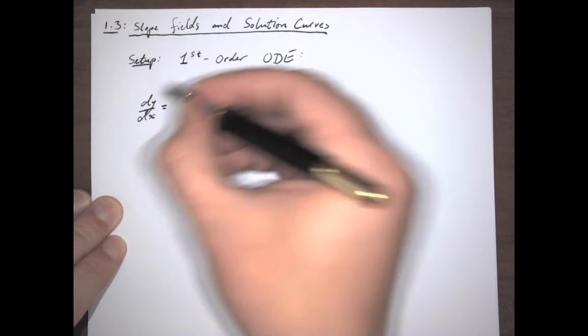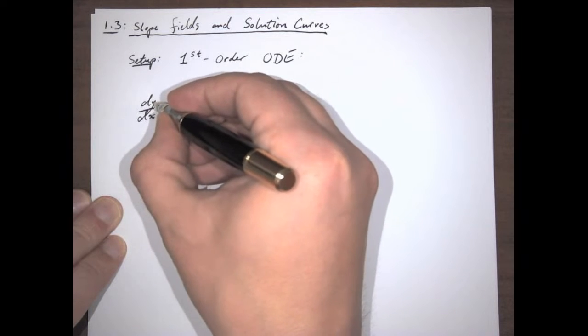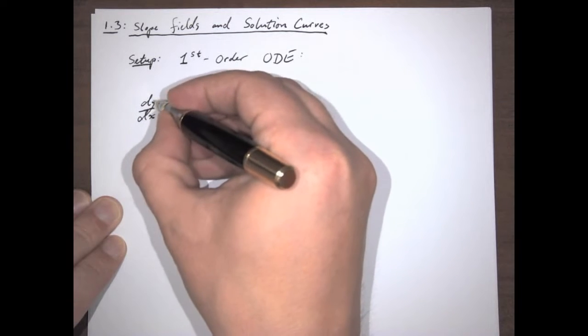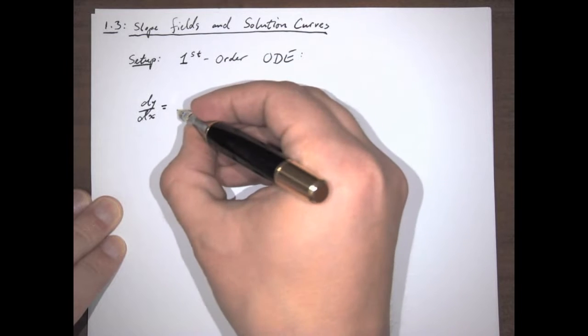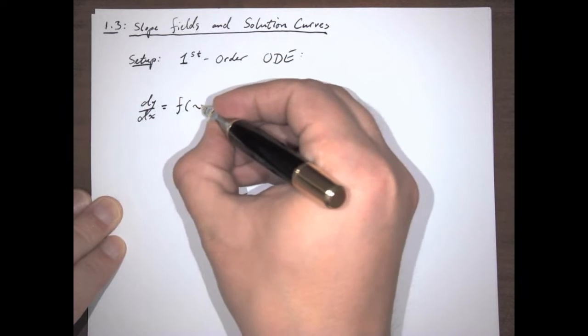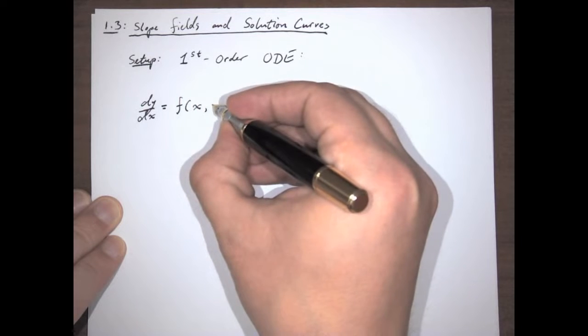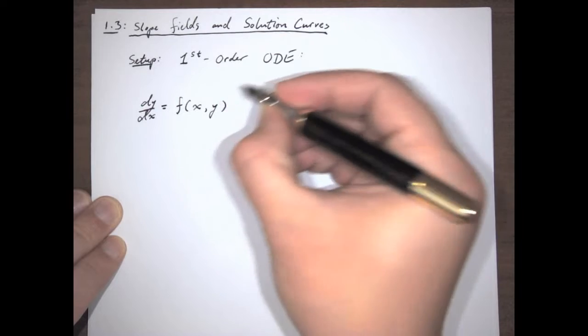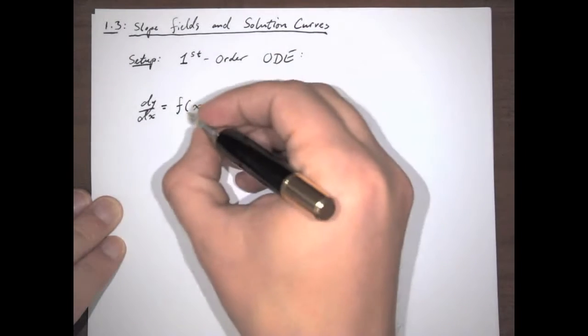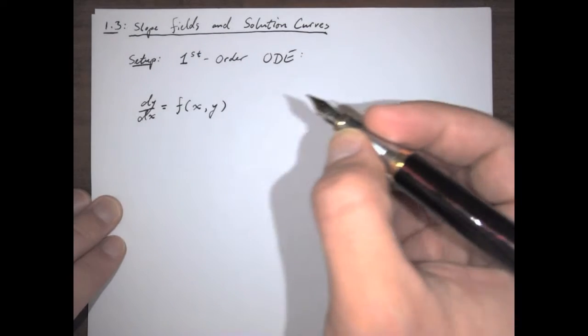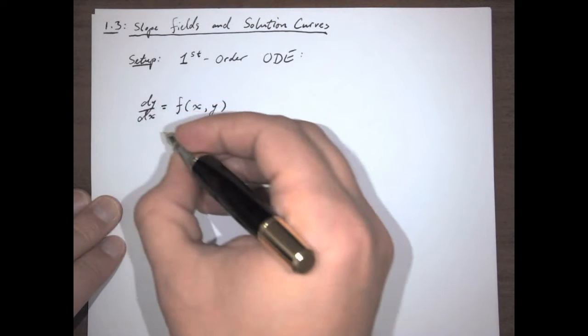So what we have here is just one variable as a function of the other, and so we're going to have a derivative of y with respect to x merely being some expression that involves x and y. No further derivatives. Okay, so that's the setup.